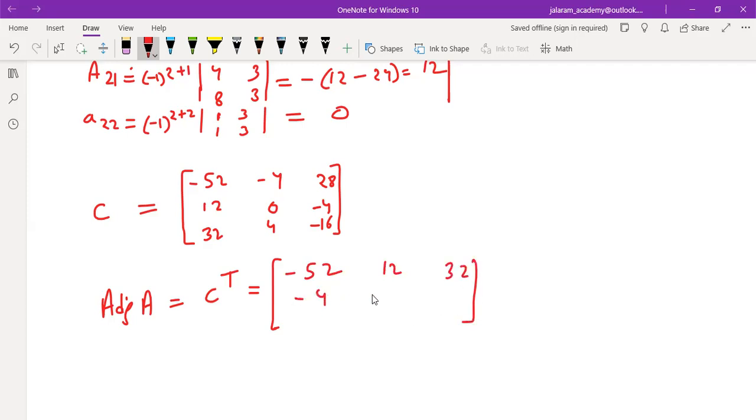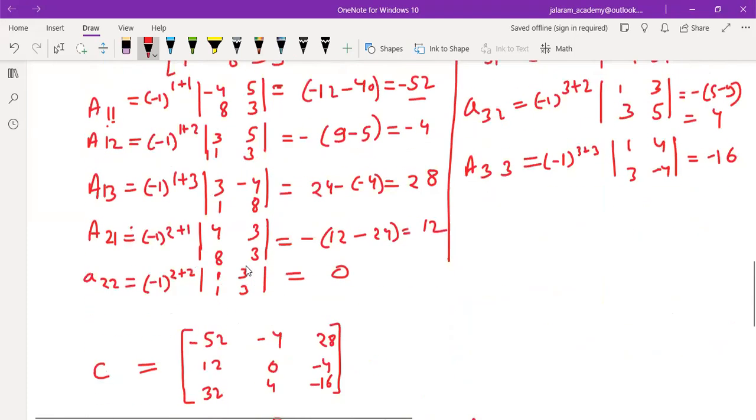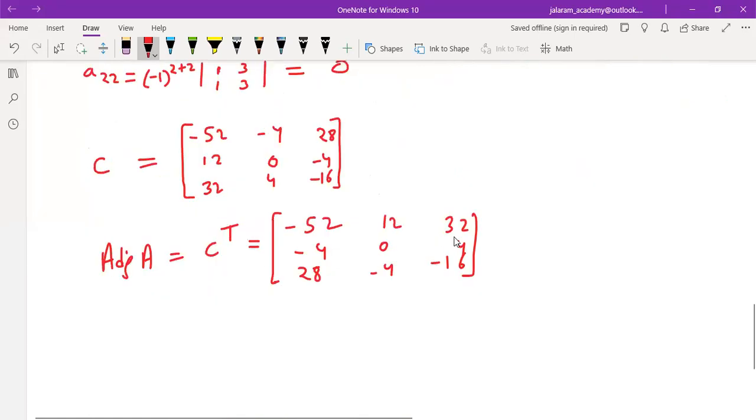Second column becomes the second row, minus 4, 0, 4, and 28, minus 4, minus 16. So this is the adjoint of that matrix which we have taken as an example. For the matrix 1 4 3, minus 4 5 1, 8 3, the adjoint is minus 52, 12, 32, minus 4, 0, 4, 28, minus 4, minus 16.